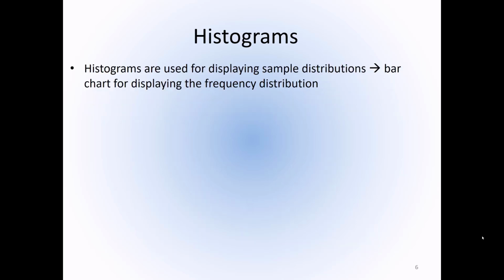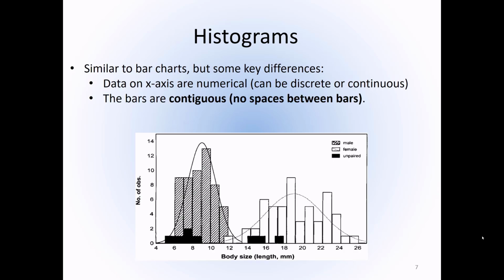Histograms are similar to bar charts in that they display frequency distributions, but there are some key differences here, and these differences are going to be important to pay attention to. First of which is that the x-axis is numerical data. It's not categorical data. These can be discrete or continuous, but these are going to be numerical data, not categorical.